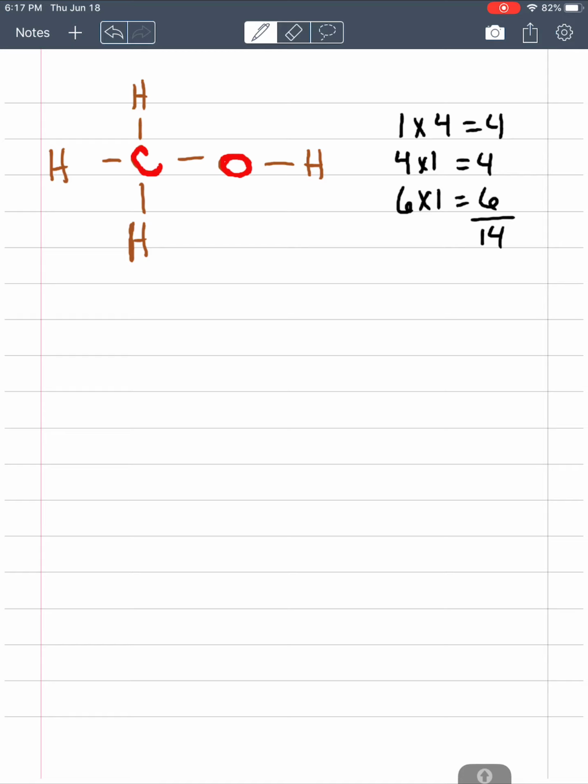Let's count how many we have in the bonds. So this bond is 2, 4, 6, 8, 10. There are 4 electrons that are not showing up. Let's see where they could go. Does carbon have an octet? Yes, it does.